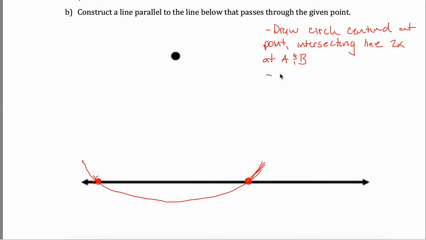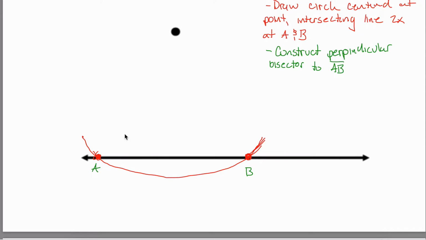Step 2, construct a perpendicular bisector to this line segment AB. So this is A here, and this is B here. And we learned that you can construct a perpendicular bisector by creating circles.